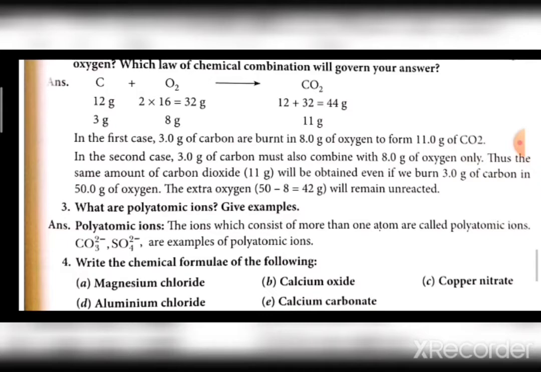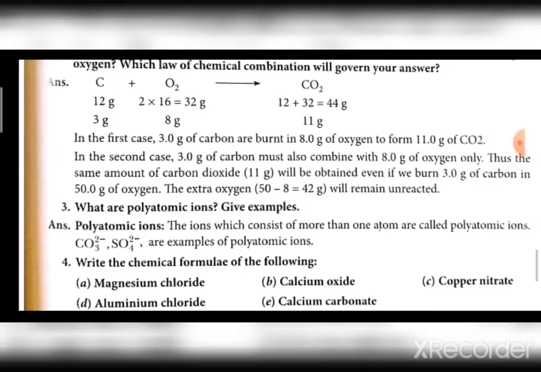So according to the law of conservation of mass, we have to take 3 grams of carbon with 8 grams of oxygen, that is according to definite proportion, and 11 gram of CO2 we will get. So if we are taking more amount, then also the reaction will be of that particular amount only, and the rest amount will be left.